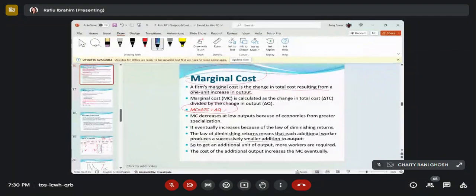Okay, so in your exam, if you are asked to explain why the marginal cost curve is U-shaped, you should say because of diminishing returns, which states that as we hire additional workers, they produce a successively smaller addition of output.